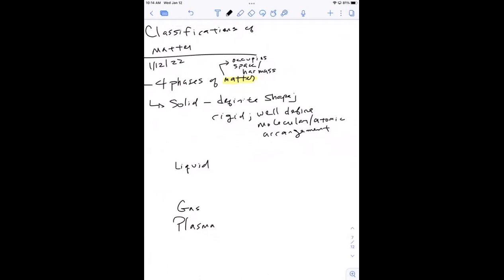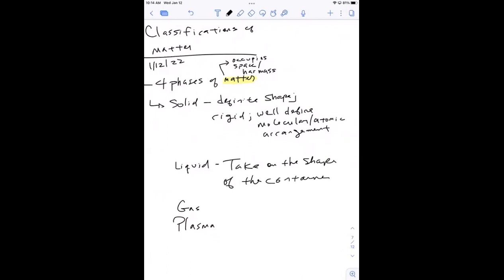And then we think about liquids. Liquids don't have a definite shape, right?